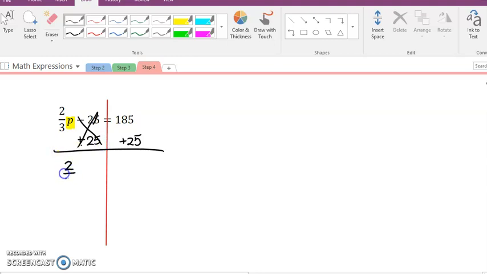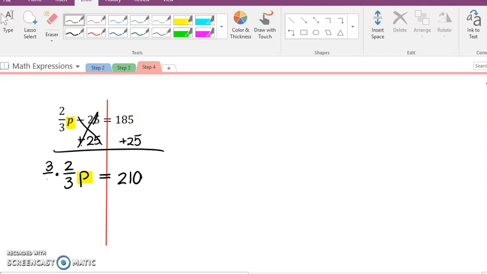I'm left with 2/3 p on the left. And on the right, I have 210. Now again, if you recall from our previous video, whenever we have a fraction with a variable, which we do, we have a fraction that has a numerator and a denominator, we're going to just flip the fraction.